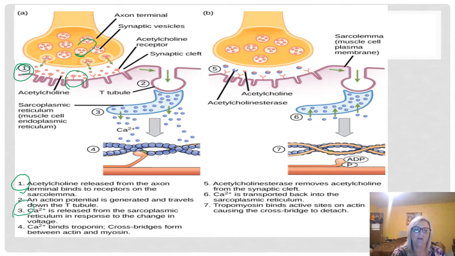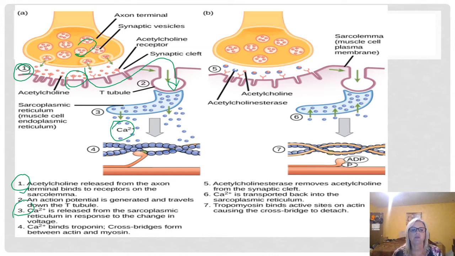It's going to travel down, and then the next one that's really important is that calcium ion release. Calcium is released from the sarcoplasmic reticulum because of the change in voltage. So here we have calcium being released, and so these do travel on down the T-tubule, but acetylcholine and calcium, those are two of the major players I really want you to know, okay?